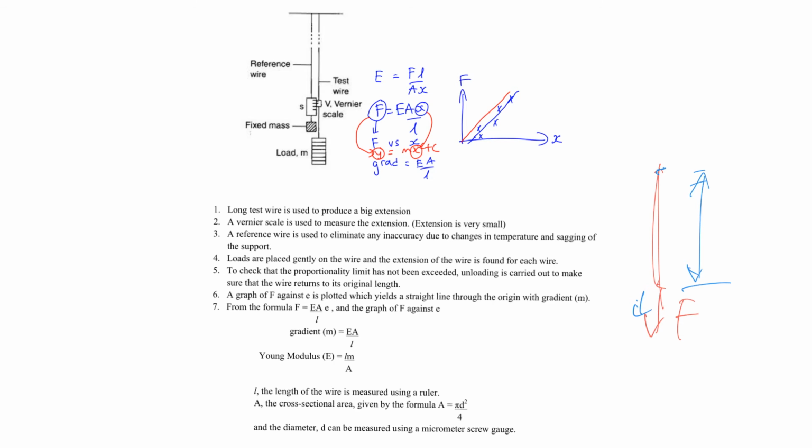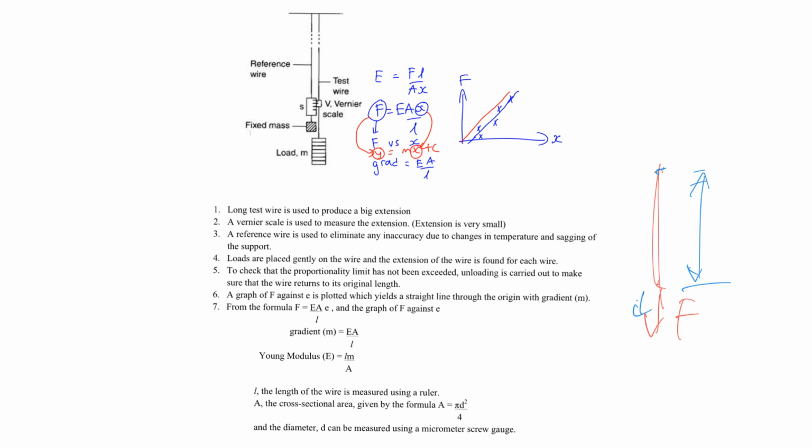It is different if you are using a spring. If you use a spring, the extension is quite significant. But if you're using just a wire, the extension is too small if you are just going to use a pointer with a ruler. So if you're using a vernier scale, the precision can go up to 0.01 centimeters, compared with just using a pointer, which only gives you 0.05 centimeters.